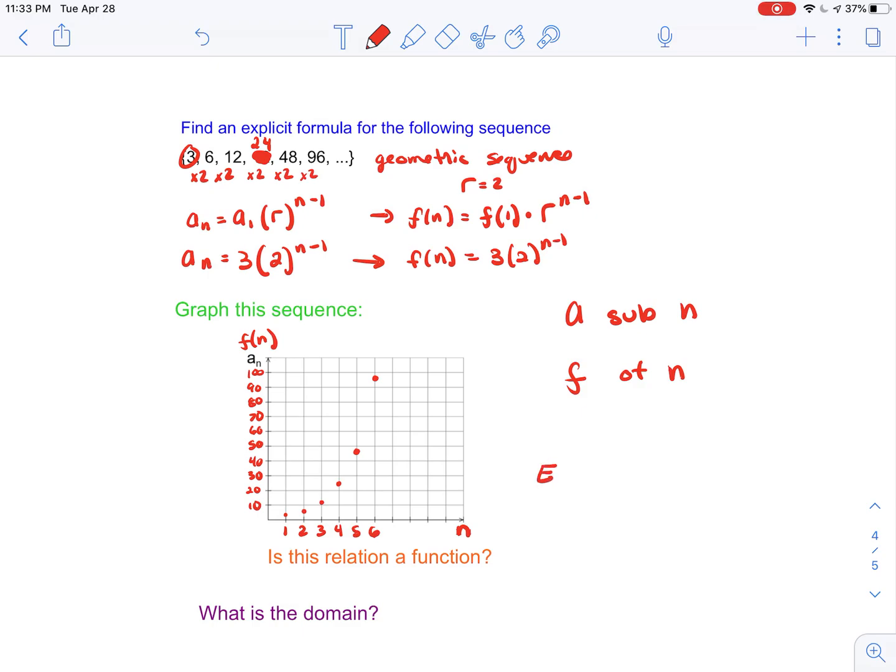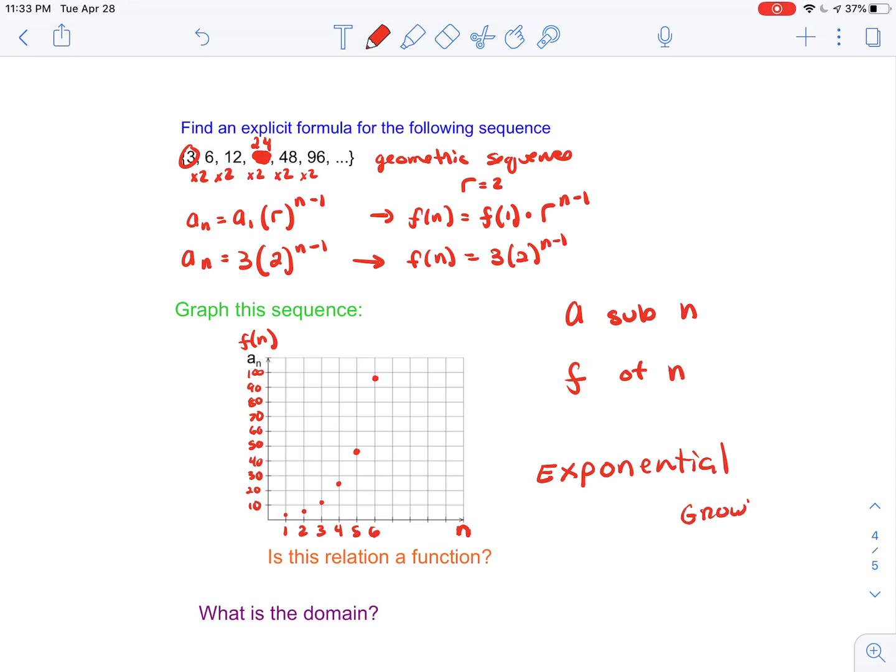Okay, so now looking at this graph, what does it kind of look like? Well, hopefully you can tell that this looks like an exponential function, right? And that should make sense because we have a base raised to an exponent that changes, right? The exponent has my variable. We also see that in this graph, right?